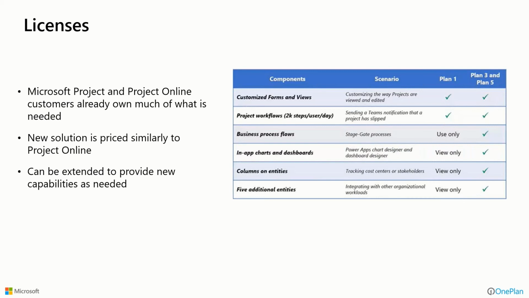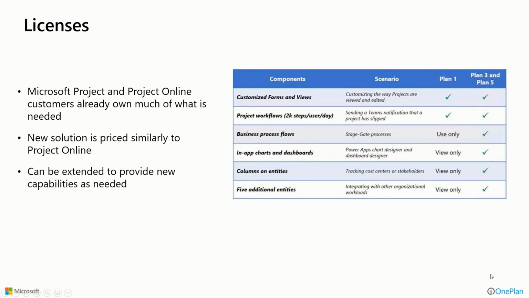Plan 1 is strictly just Project for the Web, Plan 3 is your traditional Project Professional, and Plan 5 is that extended, advanced capability that people have been using in Project Online for advanced portfolio and resource capacity planning. You may own these licenses already. You may have access to Project Online and the Project app in the Accelerator and may not know it. So just be aware that that's something you may already own, and these things can be extended.